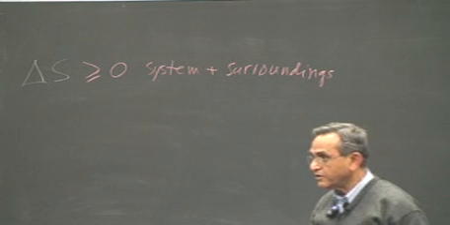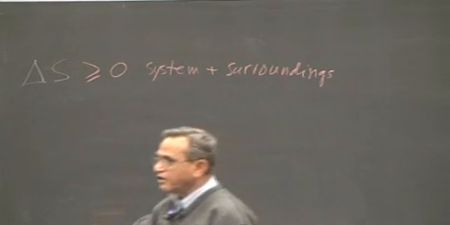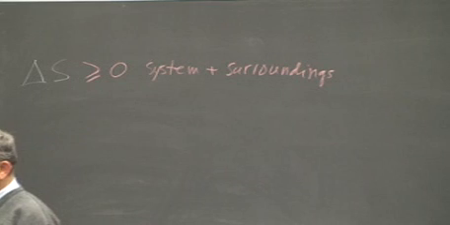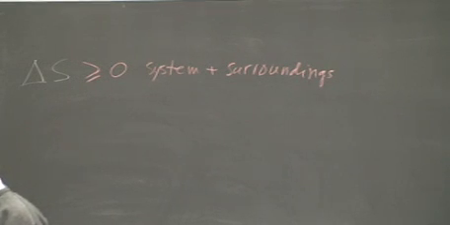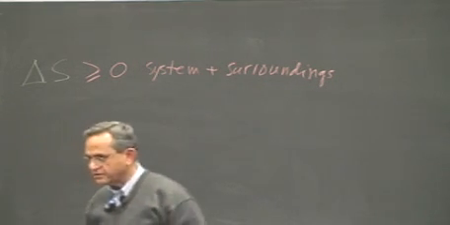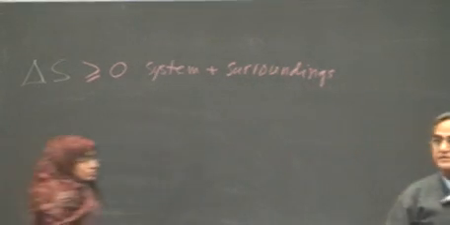It doesn't follow. No. As I said, not always zero. There can be situations which are adiabatic, yet the entropy change is not zero. Okay? And I gave you the example of this expanding gas. All right. Any other question?